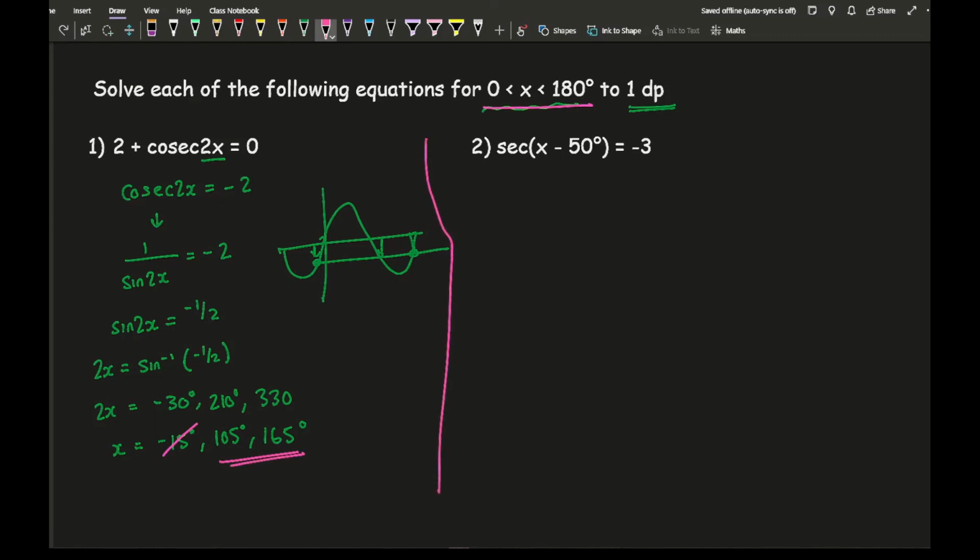Now looking at question 2, I've got sec of x minus 50 equals minus 3. Again, what I want to do is the conversion. We've got sec theta, or in this case x minus 50, as our subject, so that's absolutely fine. So I've got 1 over cos of x minus 50 equals minus 3.